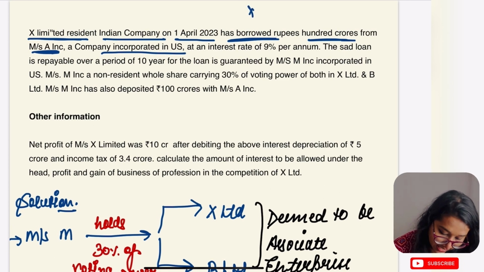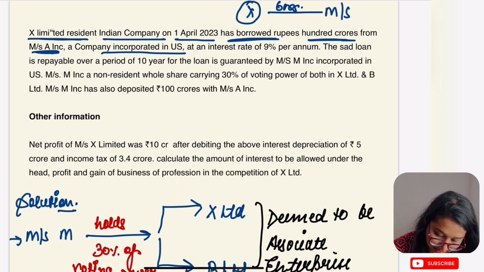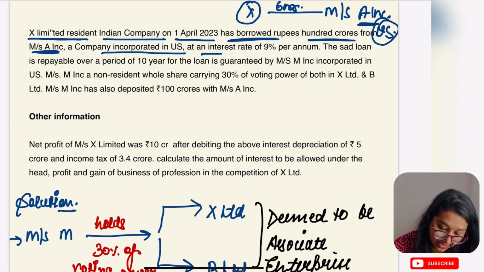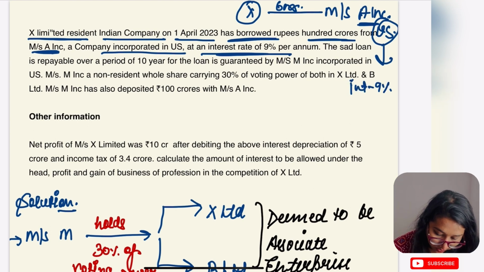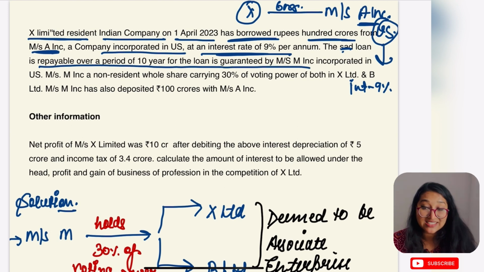Is it clear? X has taken borrowing from MSA Inc, which is in the US, at an interest rate of 9% per annum. The loan is repayable over a period of 10 years.